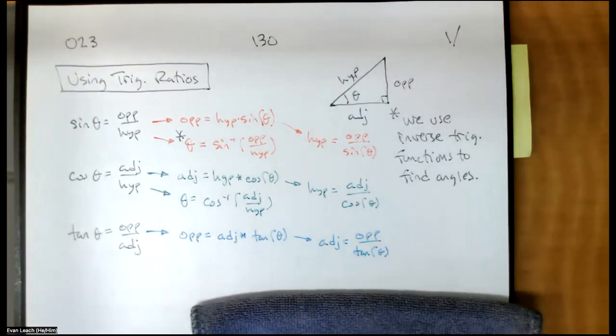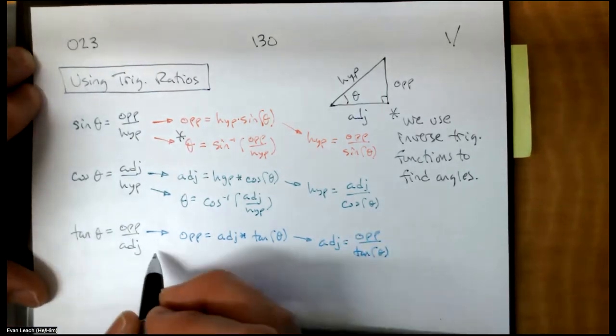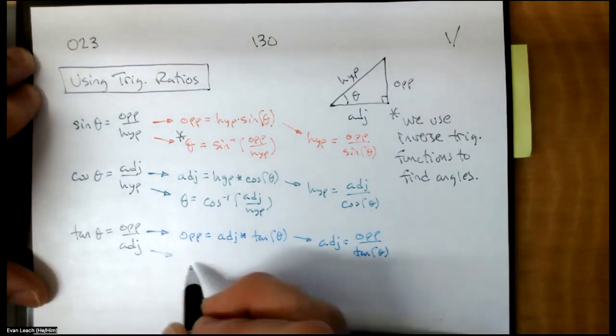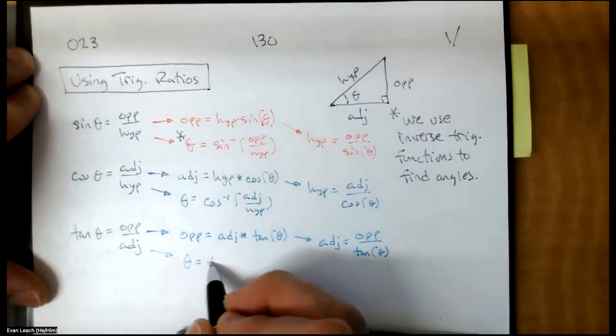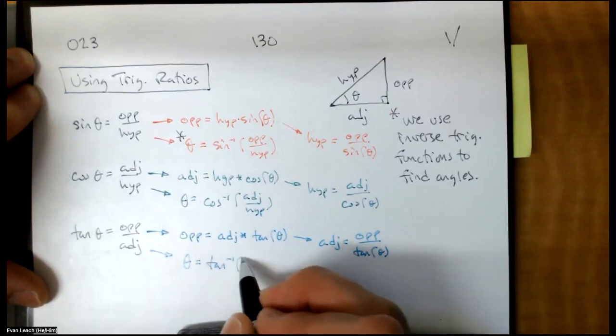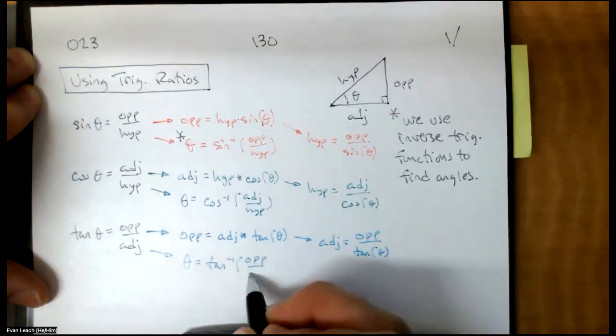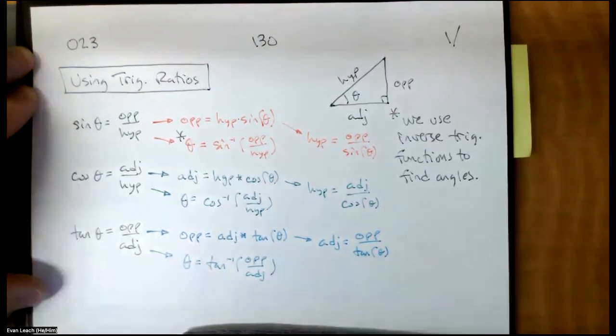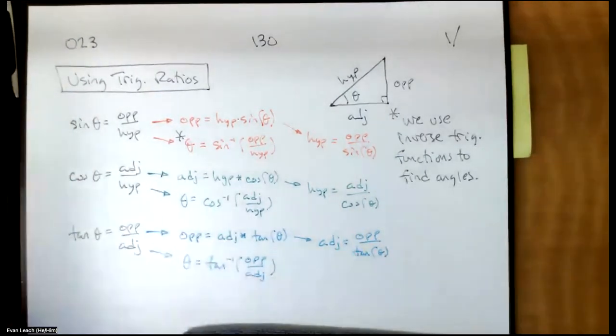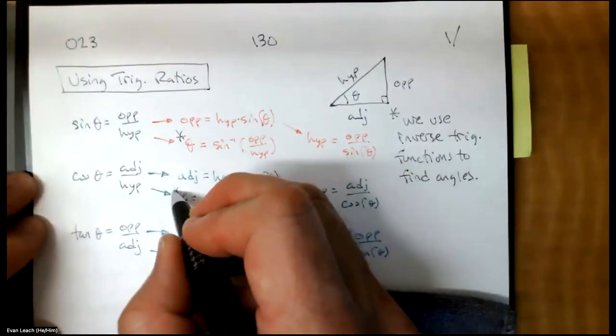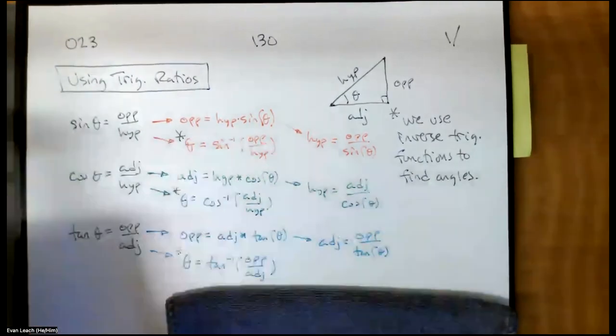We can also use this ratio to solve for the angle with an inverse trig function. So theta itself will be tangent inverse of opposite over adjacent. We use inverse trig functions to find angles.